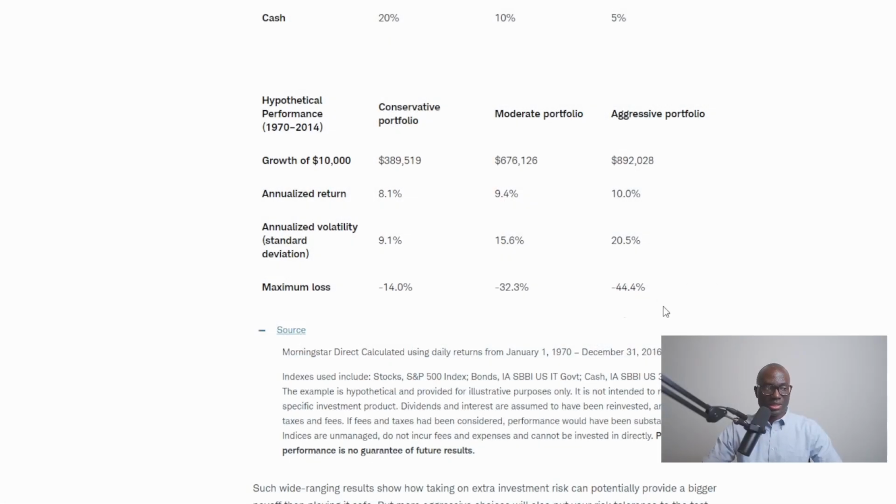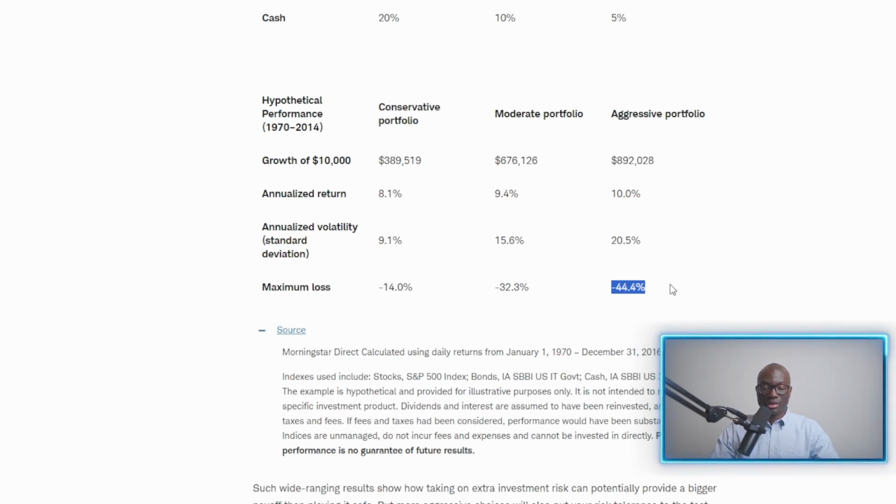So with this information, as you can see, holding an aggressive portfolio means that you have a very high probability of losing almost 50% of a portfolio at a particular time. It could be more, it could be less, right? And if you do not understand that going in, you will likely do the wrong things.